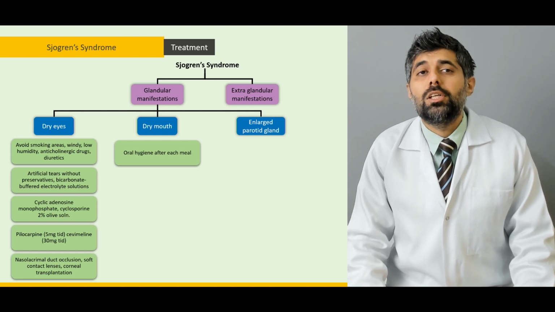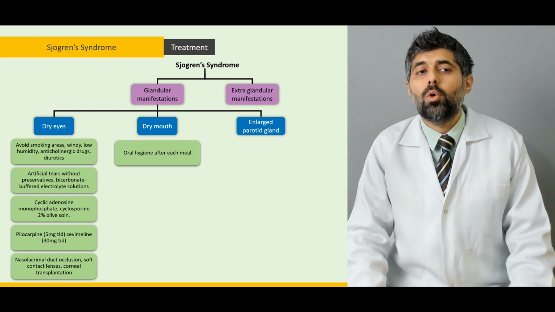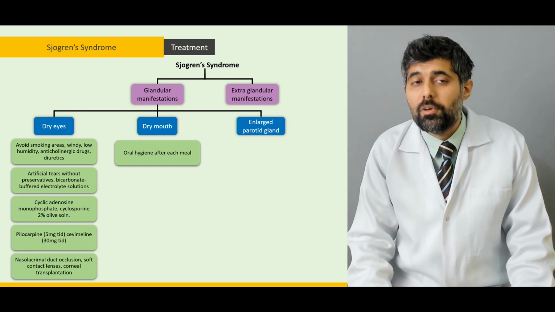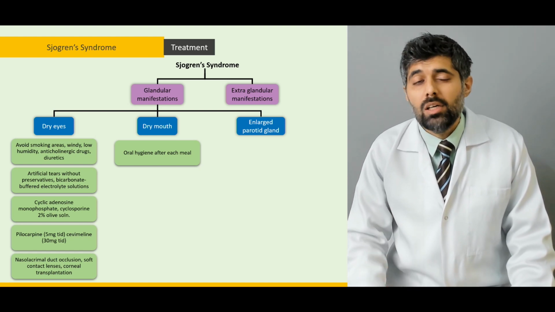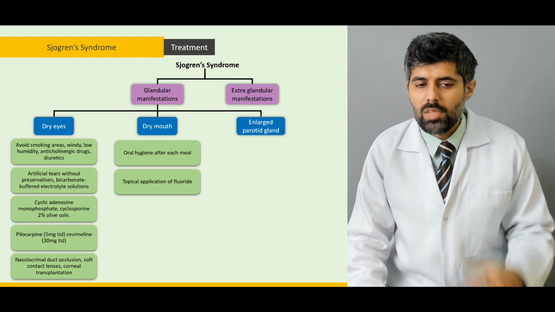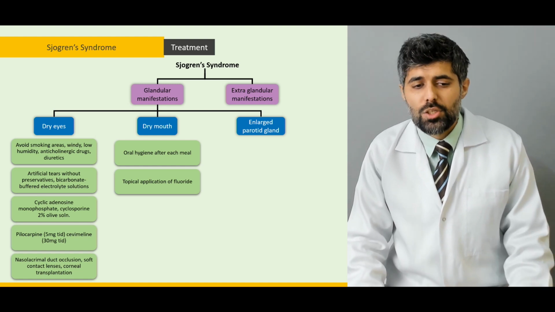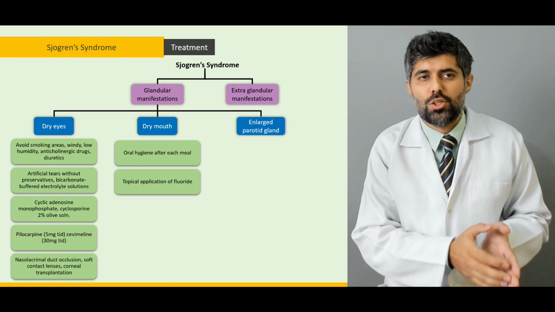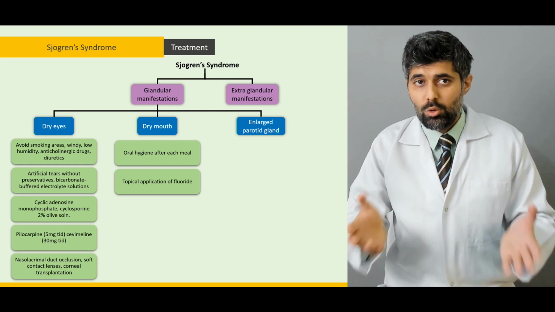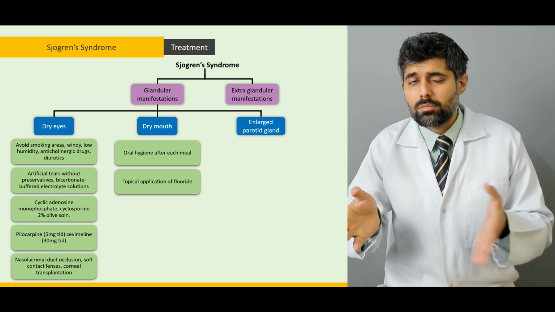Now, as for the dry mouth, we advise the patient complete oral hygiene after every meal, including brushing, tongue scrubbing, and flossing. As for the local application, we give the topical application of fluoride to boost its antibacterial properties.